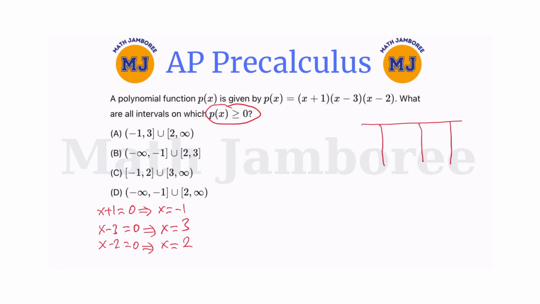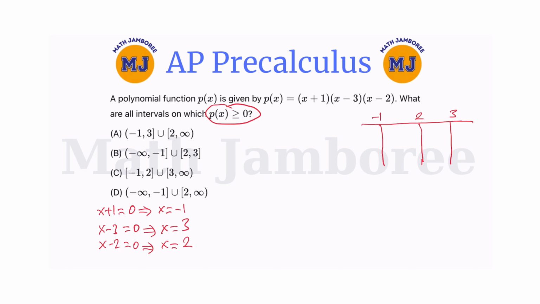From left to right, negative 1 comes first, then 2, and then 3. Now we will pick test points for each interval, and then determine whether p of x is positive or negative in these regions.